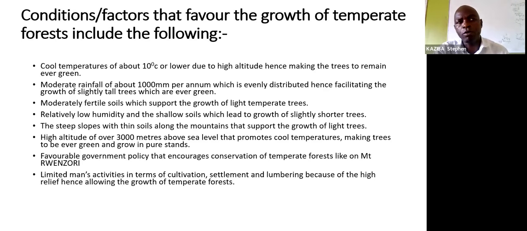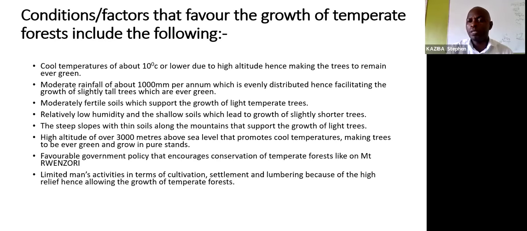Moderate rainfall of about 1,000 millimeters per annum, which is evenly distributed throughout the year, facilitates the growth of slightly tall trees. Try to integrate the characteristics. Then the relatively low humidity and shallow soils lead to the growth of slightly shorter trees. Then the steep slopes with thin soils along the mountains support the growth of lighter trees.